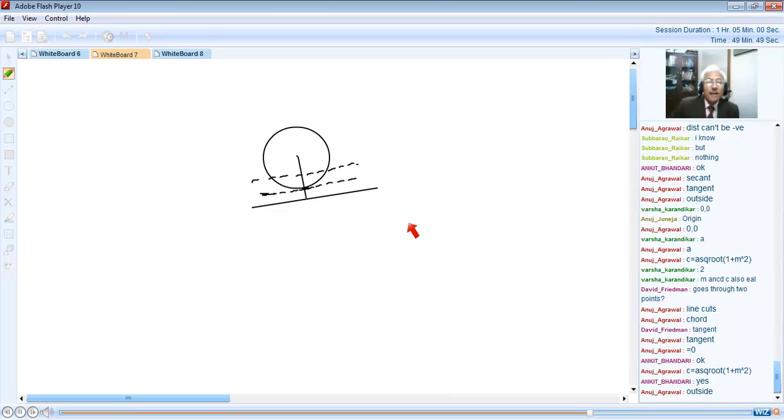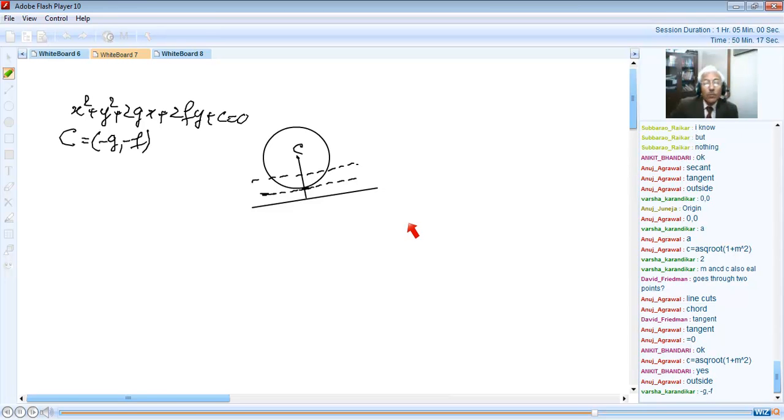Suppose I take x square plus y square plus 2gx plus 2fy plus c equal to 0. Again I must tell you, what is the center of the circle? Let me take up a bigger case now. The center is equal to (minus g, minus f). What is the radius? The radius is equal to under root of g square plus f square minus c.